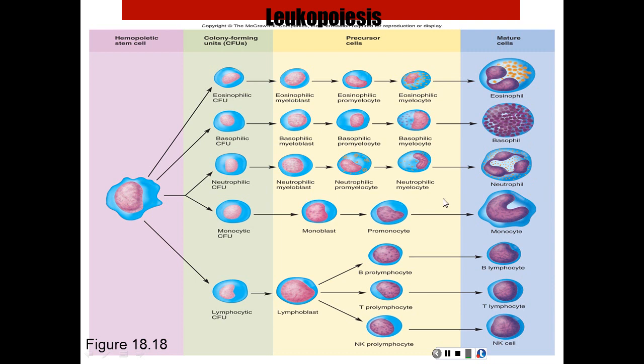So you see the distinction. These 3 are formed by our myeloblast. Our monocyte is formed from the monoblast, and our remaining 3 are formed from the lymphoblast.